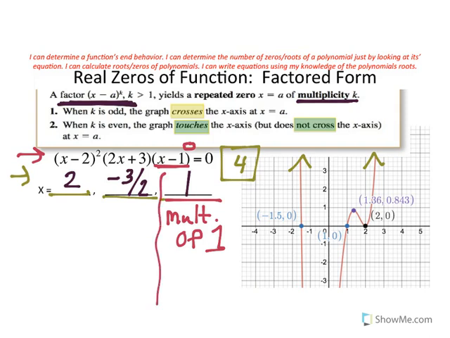If I work backwards, 2x plus 3 is another factor group. What's the power on that factor? It is also a 1. So that means this solution counts 1 time. It has a multiplicity of 1.